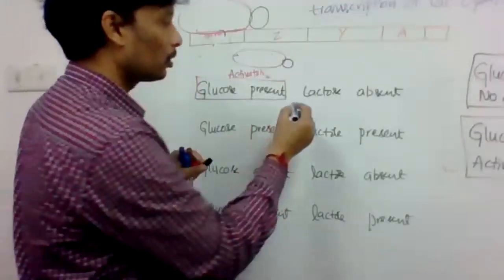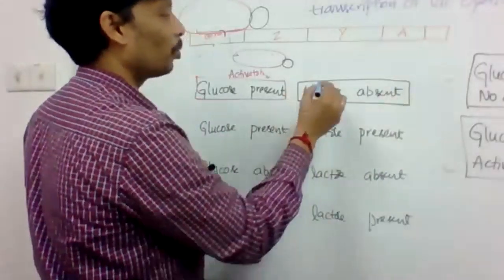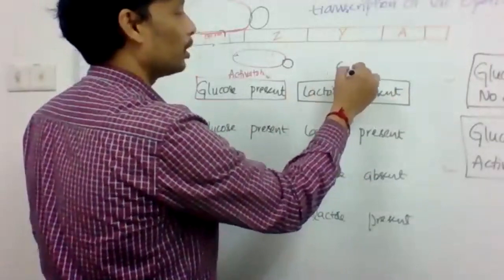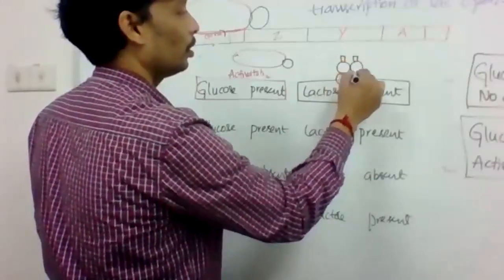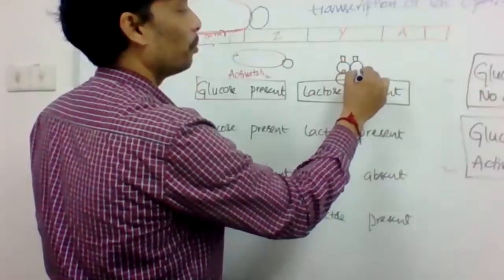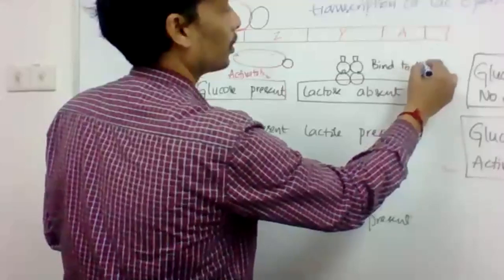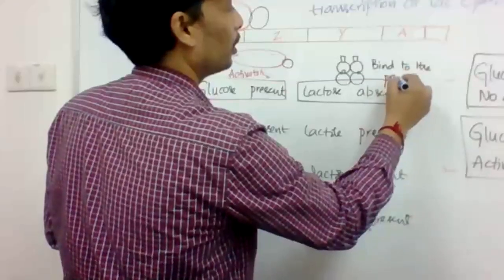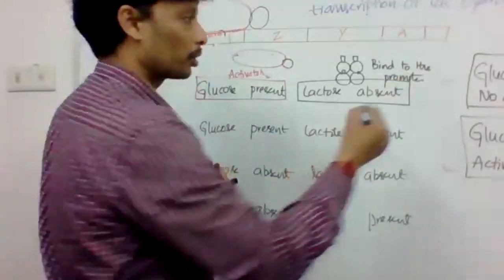But what happens? Lactose is absent. When the lactose is absent, the repressor molecules are going to bind to the operator region of the promoter and block it.